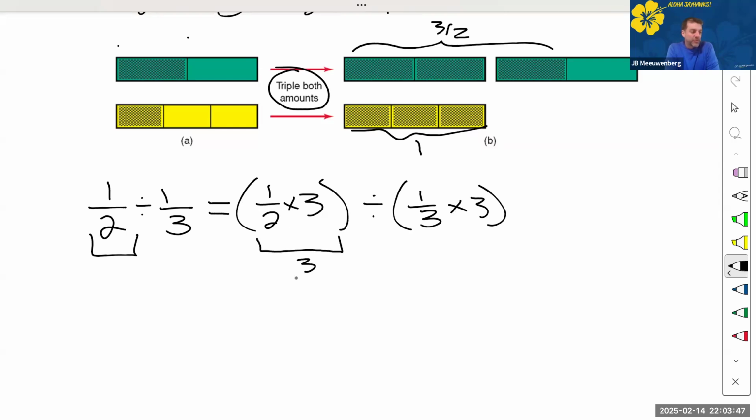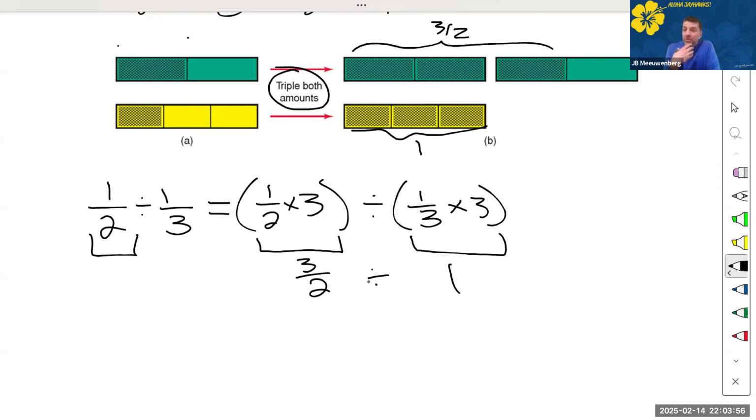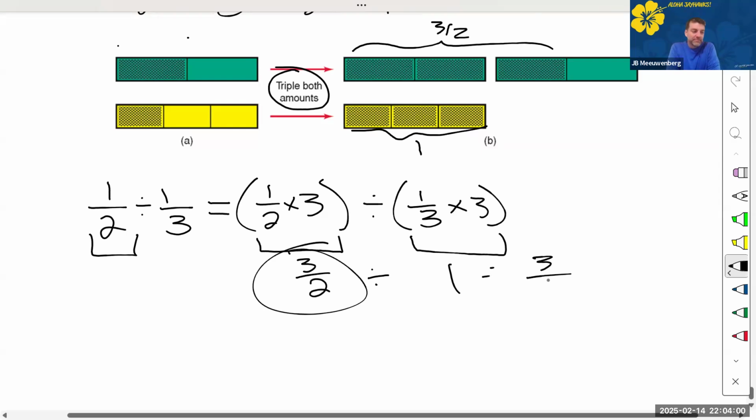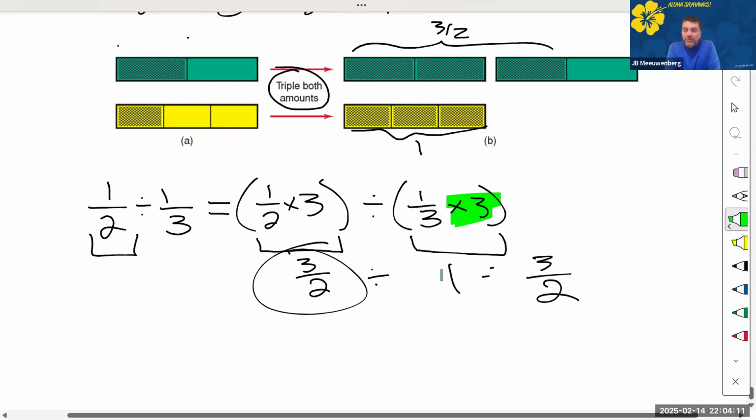This becomes 3/2, and this becomes 3/3, which is 1. And any number divided by 1 is just itself. And so notice that when we multiply this second fraction by 3, that divisor becomes 1.